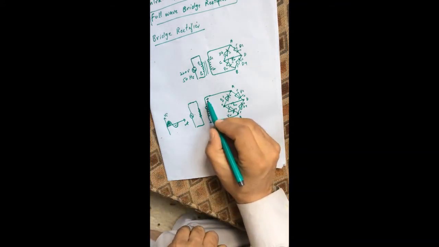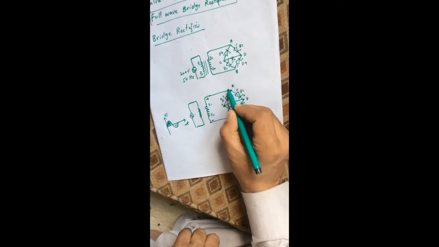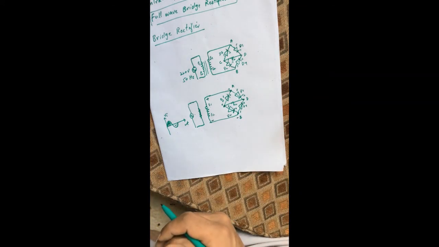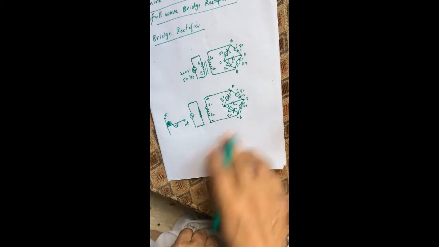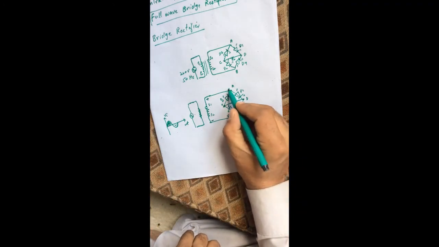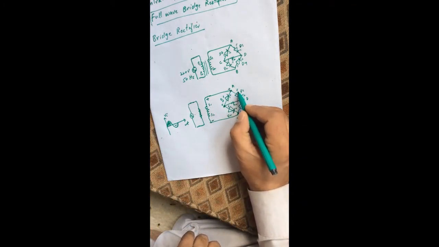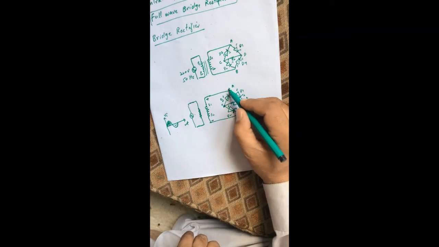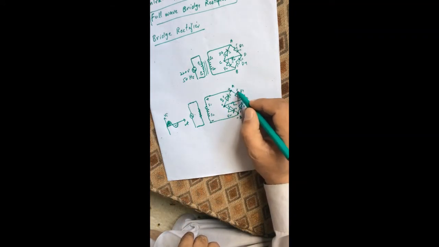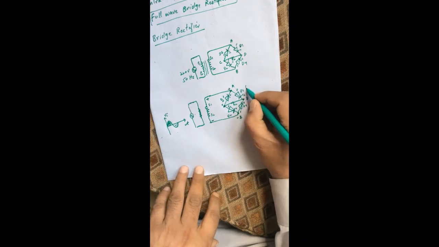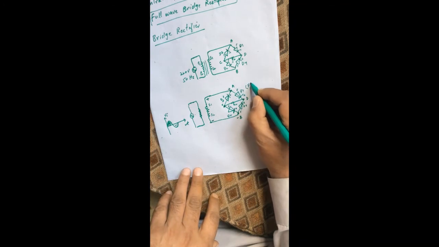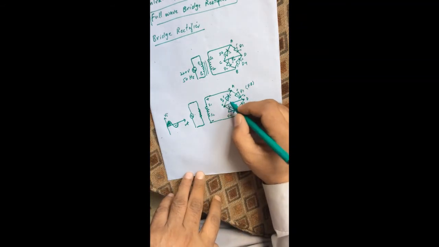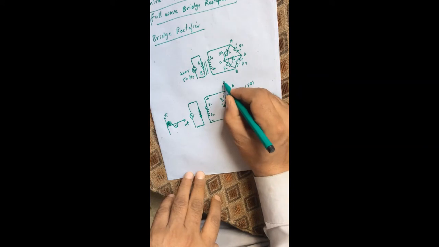Now once this becomes positive, it means that this point A also becomes positive, and similarly this point B becomes negative. Now point A is positive, so point A is connected to the P side of diode D1 and the N side of diode D3. So this positive terminal is connected to the P side of diode D1, so diode D1 becomes forward bias, and diodes D2 and D3 become reverse bias.